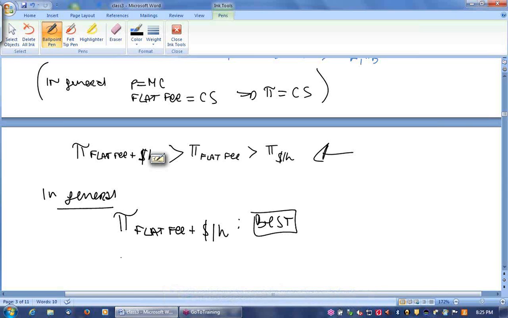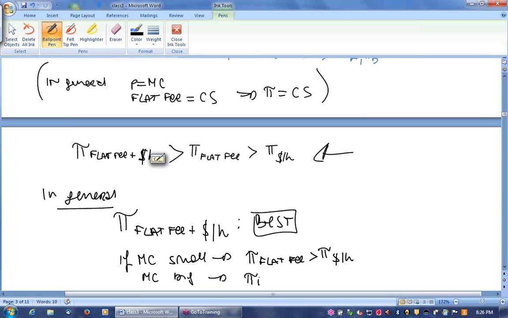Instead, if the marginal cost is small, then the profits from flat fee are greater than the profits from only charging per hour. But if the marginal cost is big, then it's the opposite.